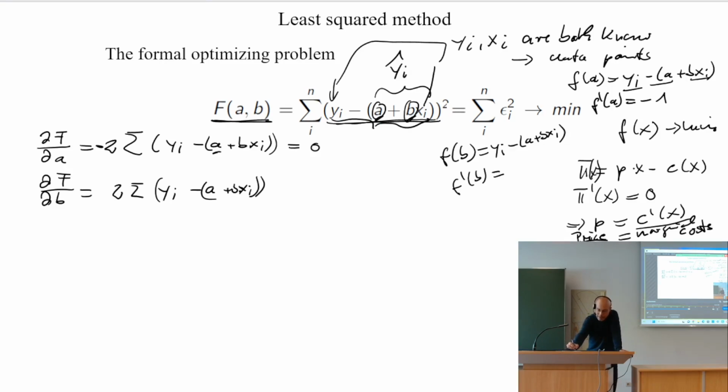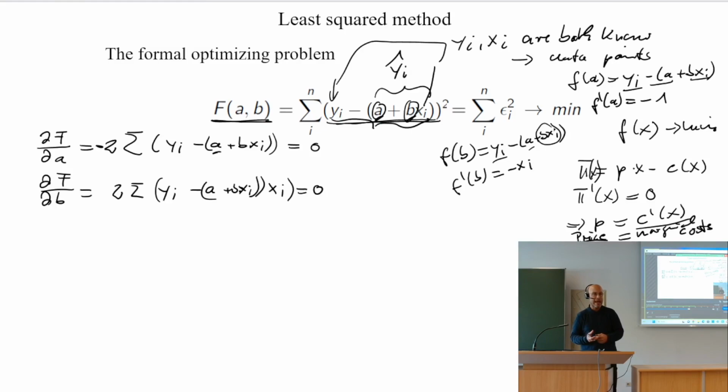Again, think, now a is fixed for me. Yes, minus 1 times xi. Definitely, because you just have to take the derivative of a constant times the variable. So minus xi. And also this has to be 0.